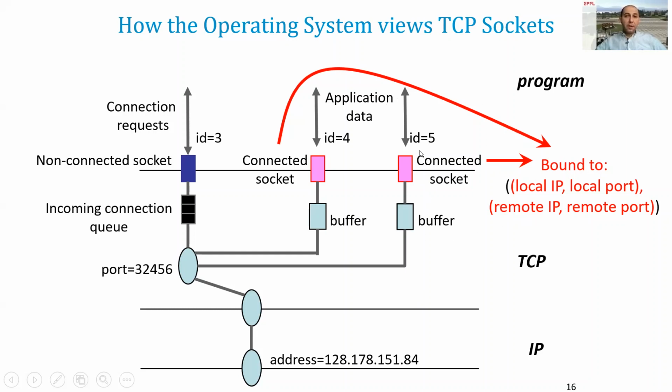This is why we call them connected sockets, and both of them are bound to the same port number as the non-connected socket. Here we can see that, in this case, they are bound to one IP address of the local machine.